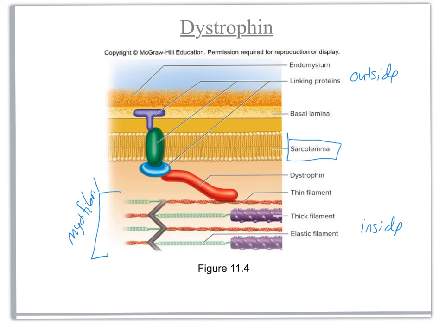Well, the reason this affects the entire cell, including the sarcolemma, is because of the dystrophin.